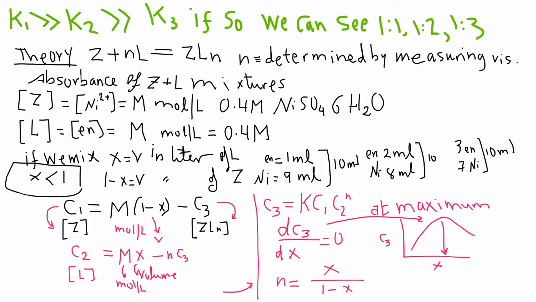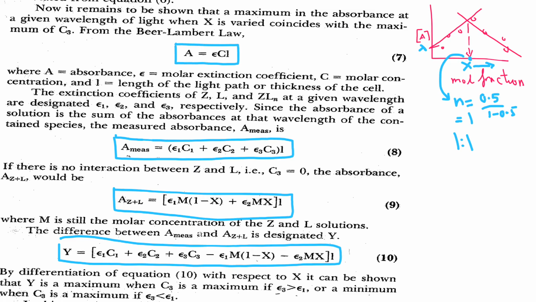This is how we are going to take advantage of the absorbances we measure. We measure the absorbances and we plot, and at the maximum point we take n from the value of x. This is the theory behind the experiment.